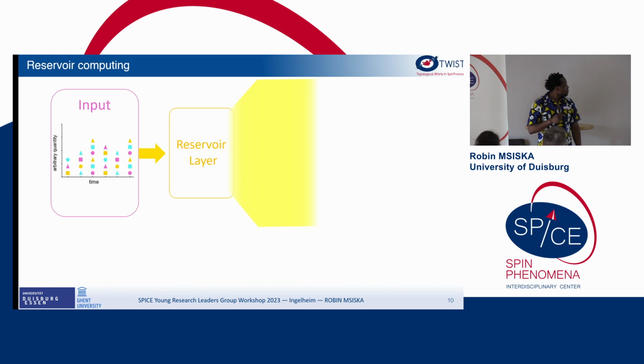Now, how does reservoir computing work exactly? It seems absurd that if you have a random fixture of weights, you should get performance that's close to what would happen if you optimize the weights. Well, to study this, let's look at an example of time-dependent shapes with different colors.